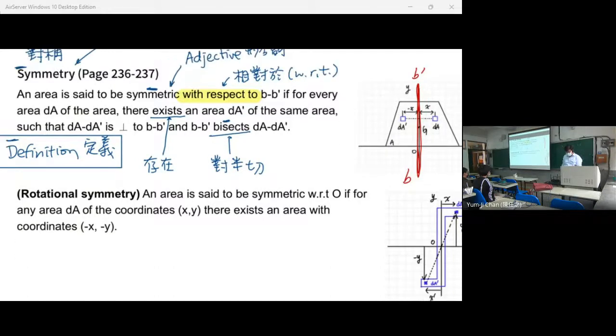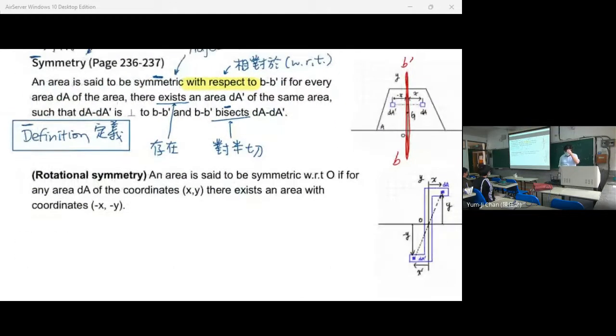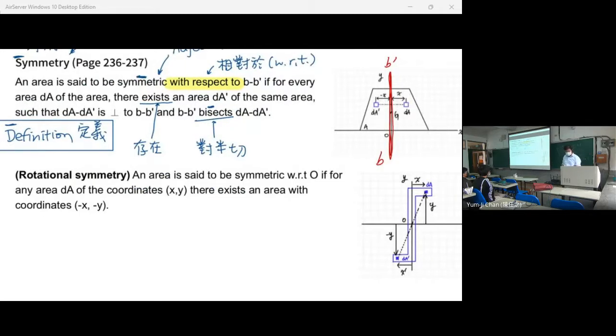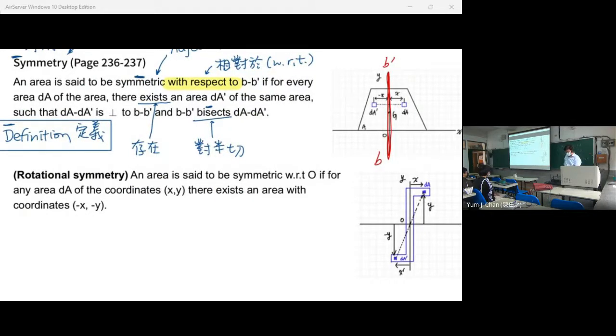Another type of symmetry, like the S shape, like this shape, is not symmetric according to the definition here, but it is a regular shape that has some form of regularity. This time we call it rotational symmetry.